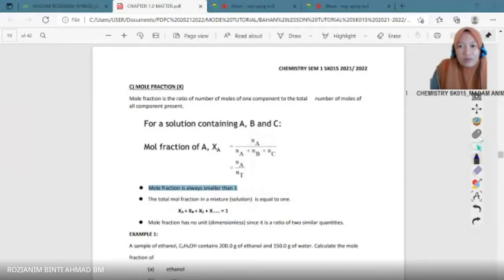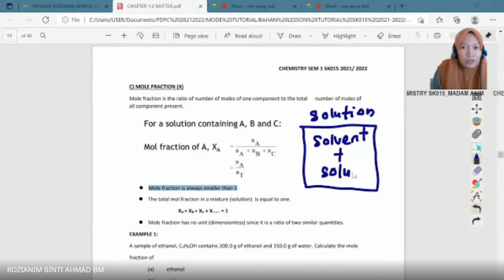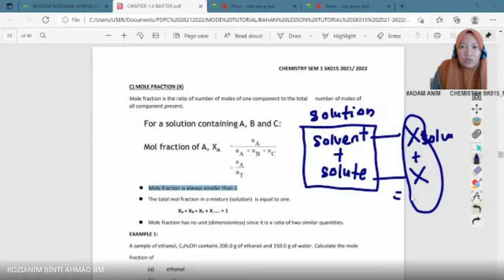So what is the meaning for here? Okay, during we produce the solution, inside the component of the solution, we just have the mixtures of solvent plus solute. So the add up mole fraction solvent dengan mole fraction solute, hasil tambah dia adalah equal to 1 sahaja.